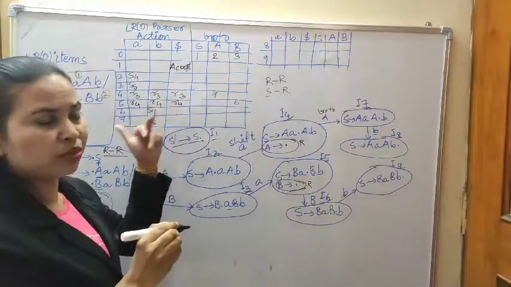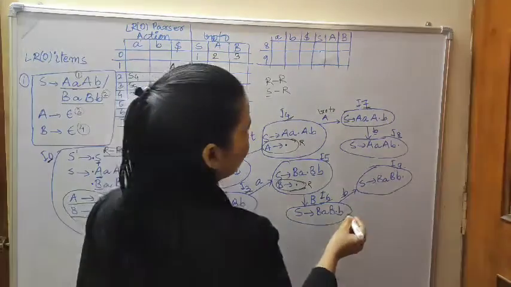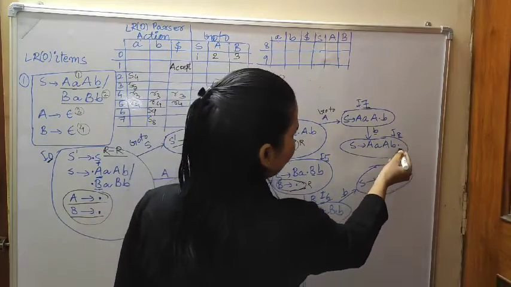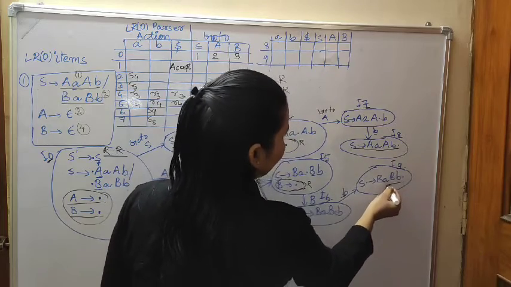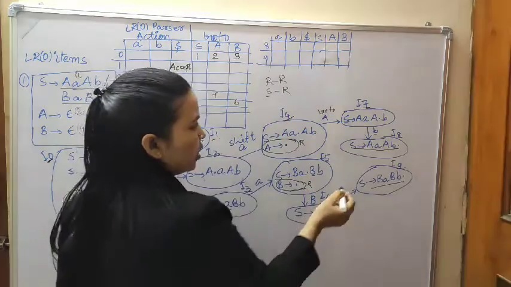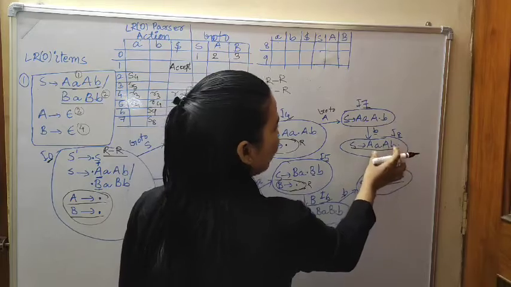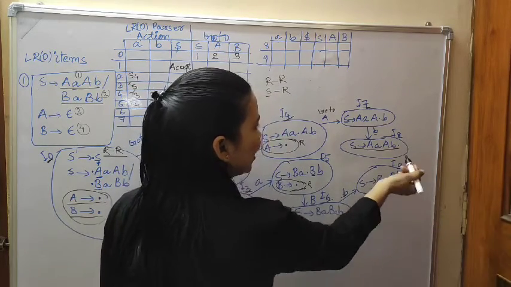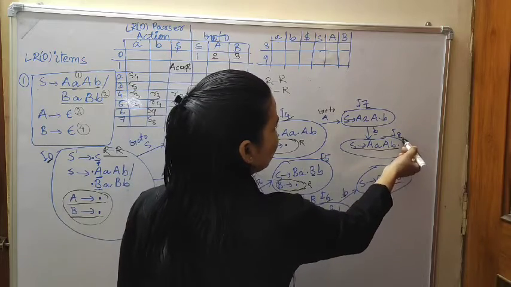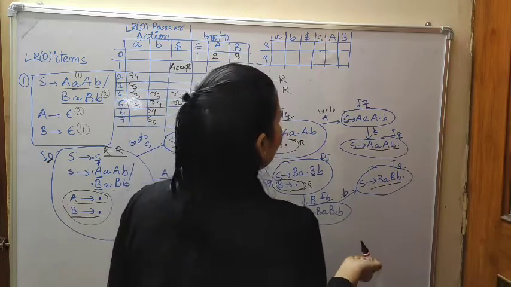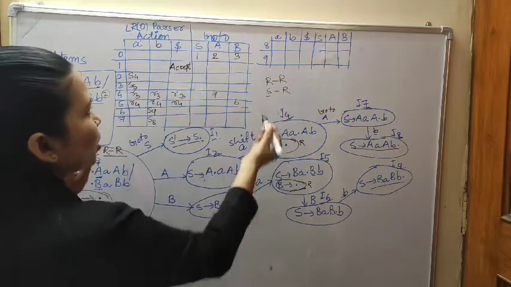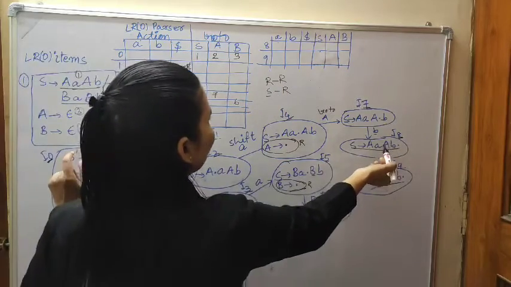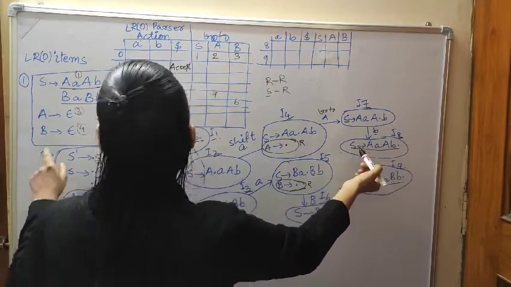Now any final item is there here, and these two places are final items. Dot is after the right side, dot will come at the end, so that is the final item. So this is number 8, state number 8 in the reduced part. And what is the production rule?